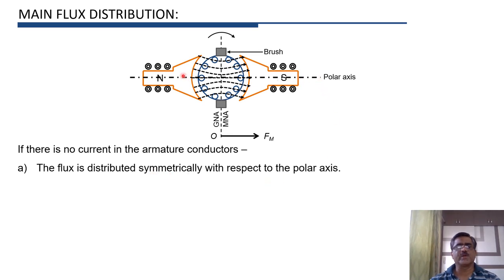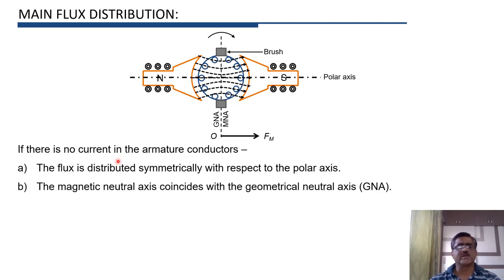And the second thing is, if there is no current in armature conductors, the magnetic neutral axis coincides with the geometrical neutral axis. So MNA coincides with GNA, and the main flux is symmetrical with respect to the polar axis.